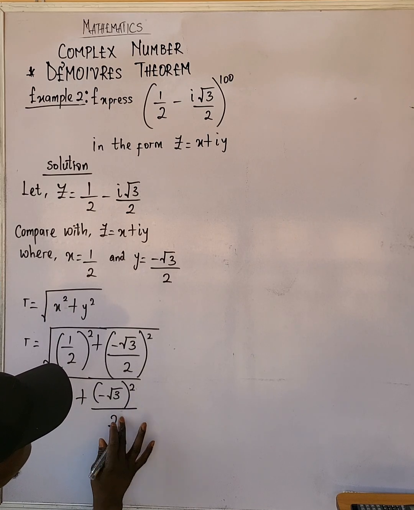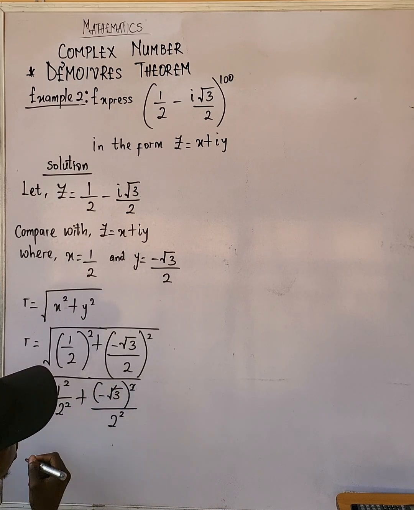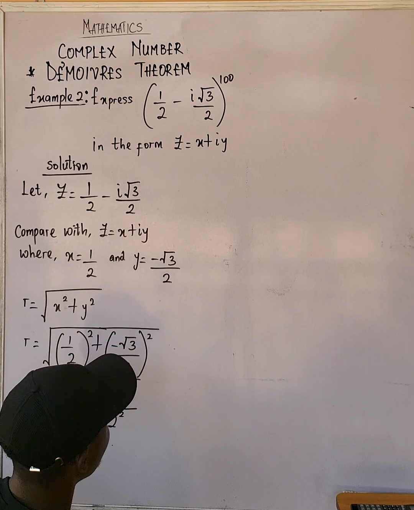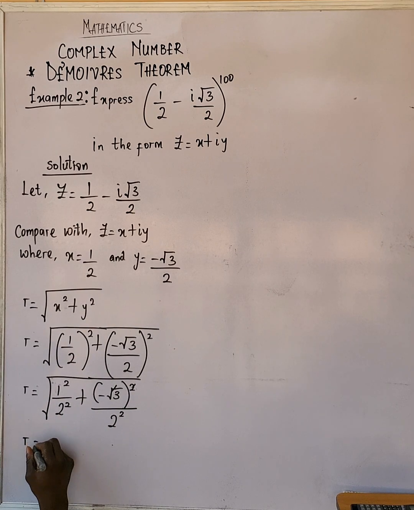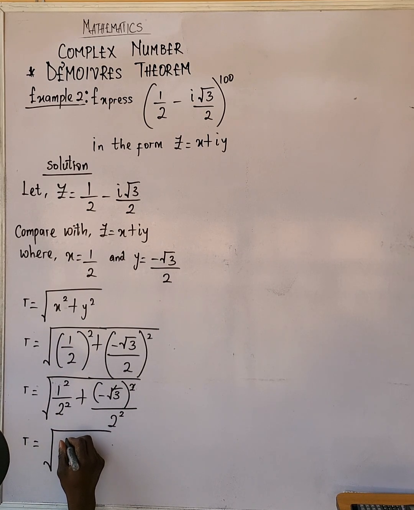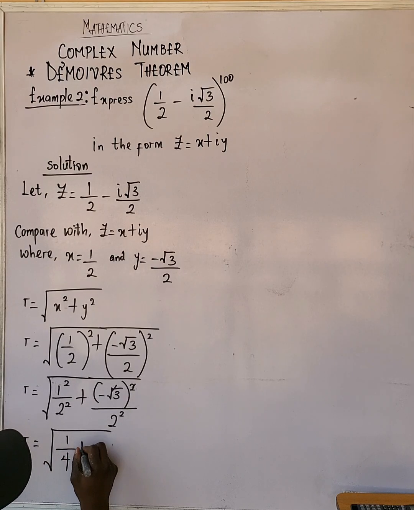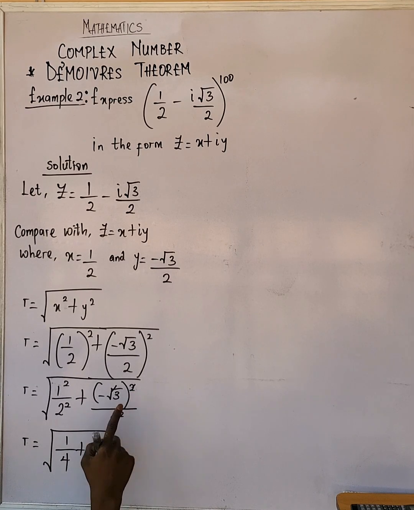The square cancels this root here, so r will be equal to the square root of 1 squared is 1, 2 squared is 4, plus, don't forget, minus squared gives us plus.